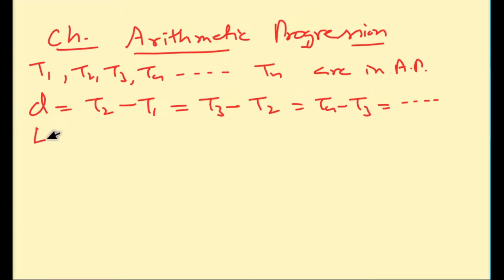Let the first term be denoted by A. Now we can see, if we take T1 to this side, what do we get? T2.